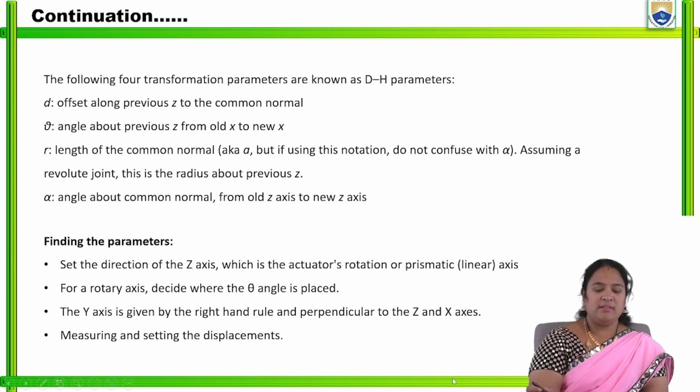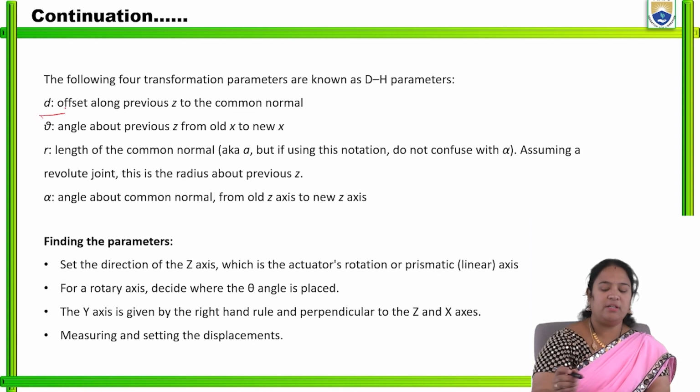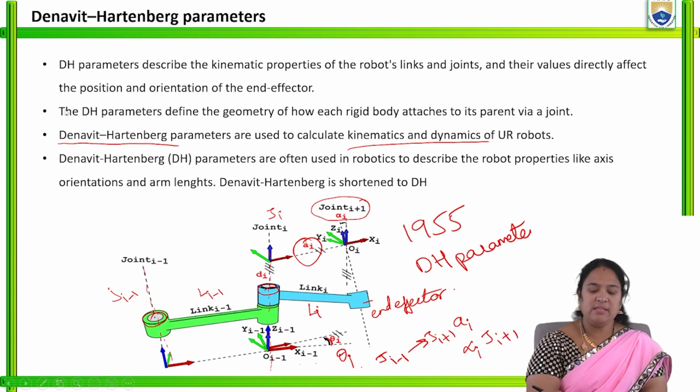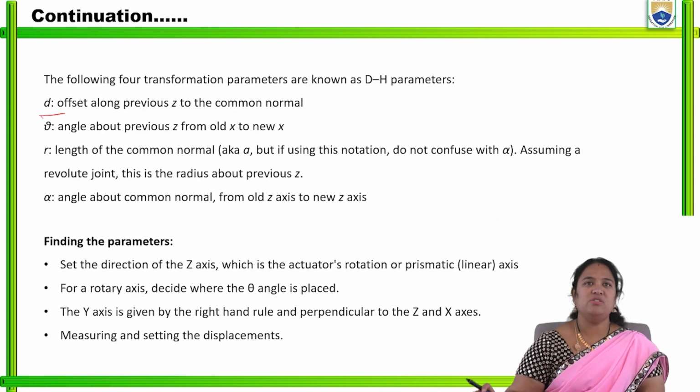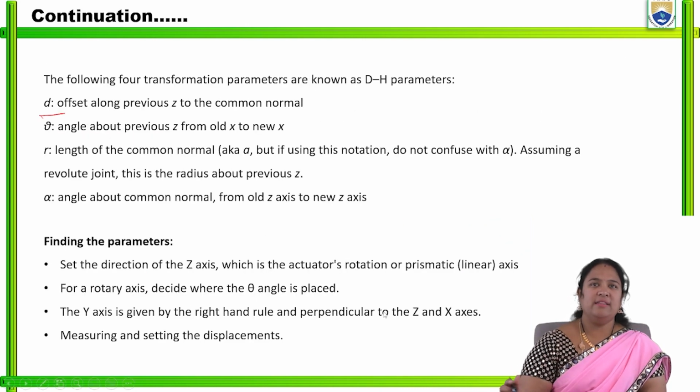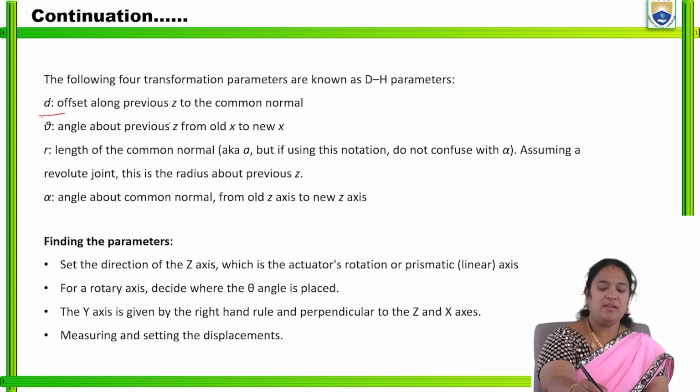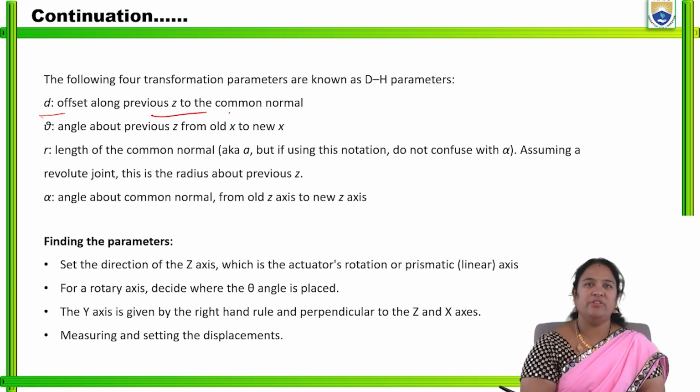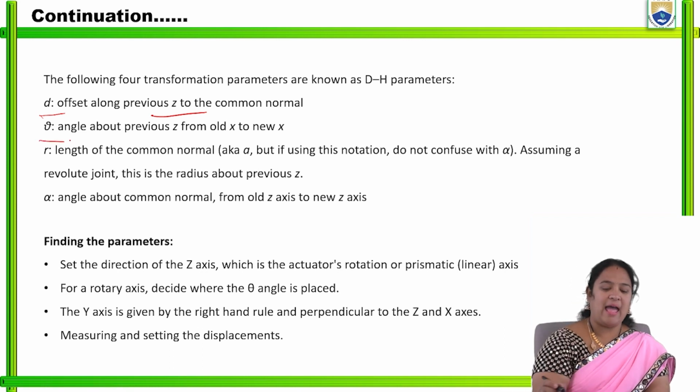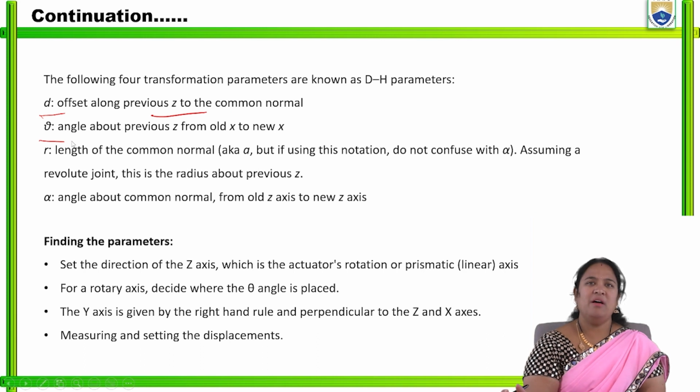So here, the term d in this particular figure is known as the offset. Right? It is known as the offset along the z-axis, along the previous z-axis to the common normal, where theta is the angle which is moving from one position to the other position for the axis of z. Right?